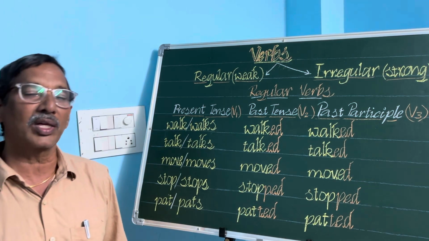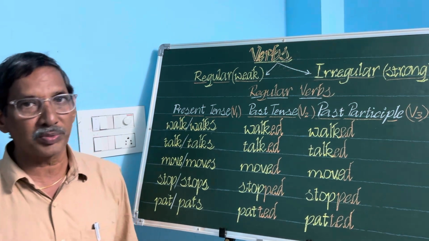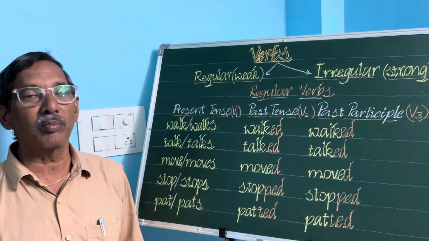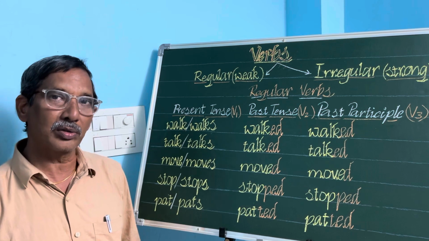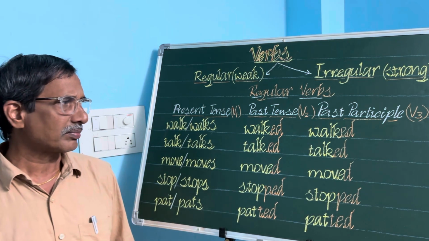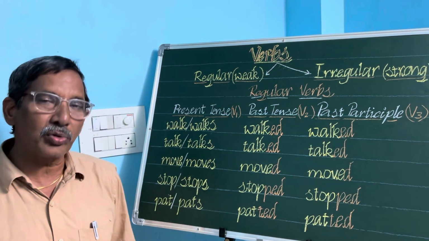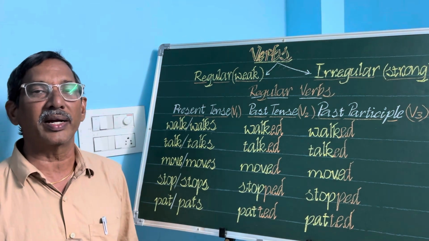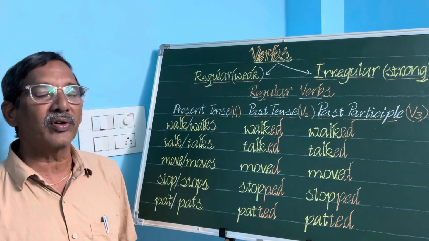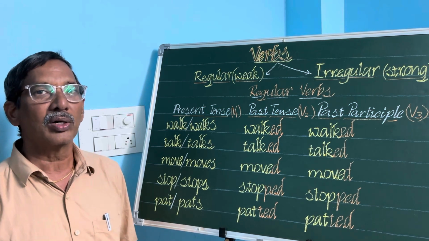We will talk about irregular verbs in our next lesson. Most of the verbs are irregular verbs, of course. You have to know both regular and irregular verbs to be a good English speaker. So you have to think in your mother tongue and collect as many verbs as possible of your daily use in your mother tongue, and then translate them into English.